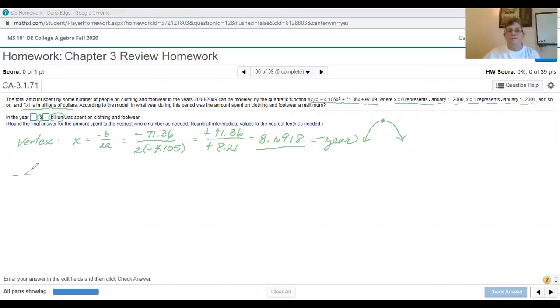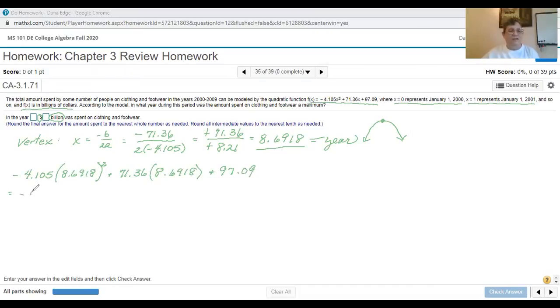So negative 4.105 times 8.6918, that should hopefully be enough, squared, plus 71.36 times 8.6918 plus 97.09.